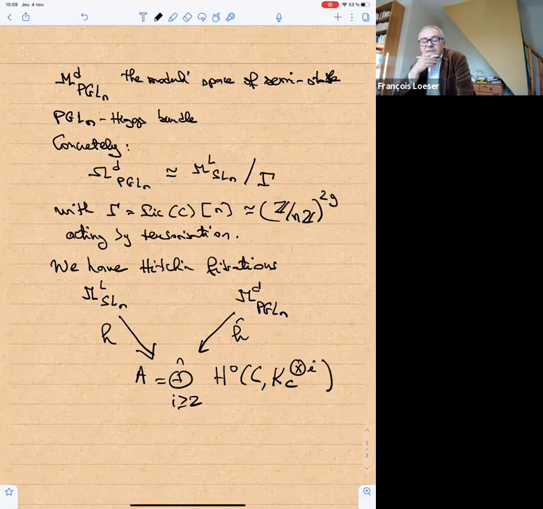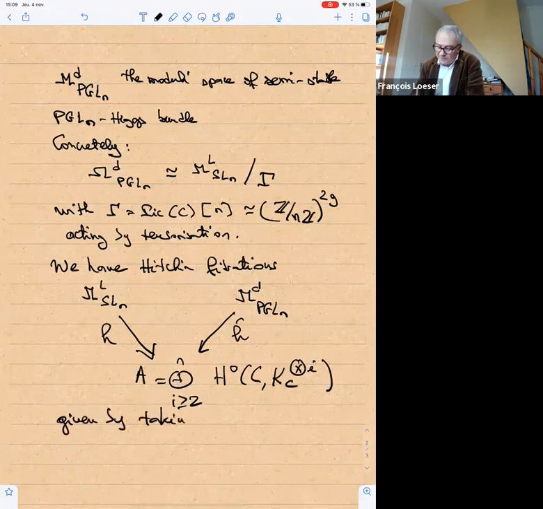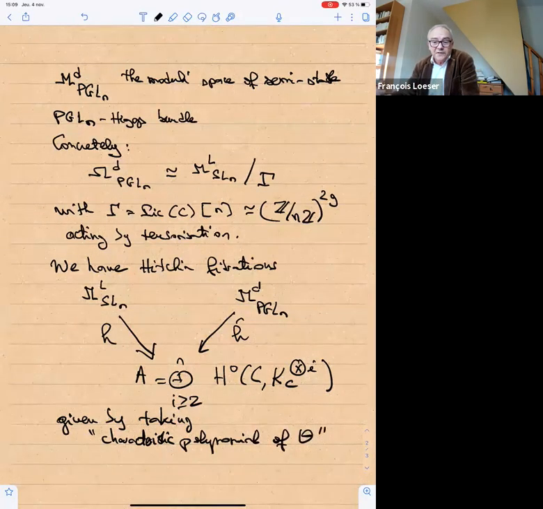The Hitchin maps just correspond to taking the characteristic polynomial of theta. What is theta? Theta is an endomorphism of E, but twisted by the canonical bundle.